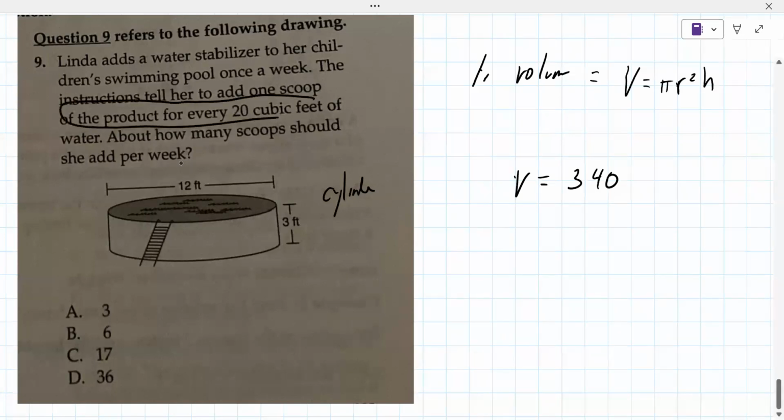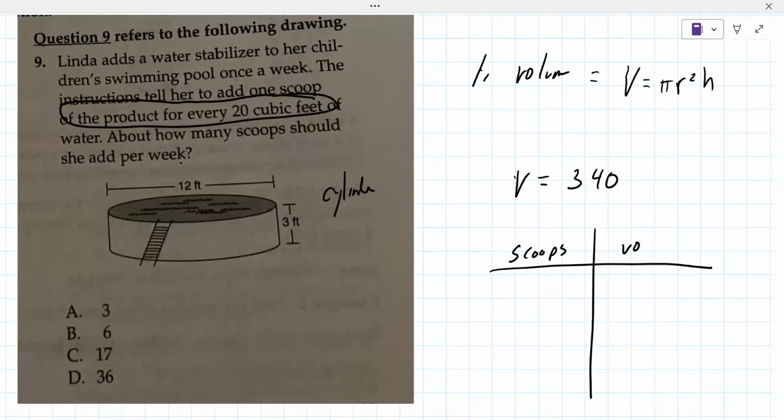So you put in 1 scoop for every 20 cubic feet. If you think of it in a table, you have scoops and volume: 1 scoop for 20, 2 scoops for 40, and so on. You see that? Yeah. All right, so if you wanted to figure out 340, you would have to go backwards, right?